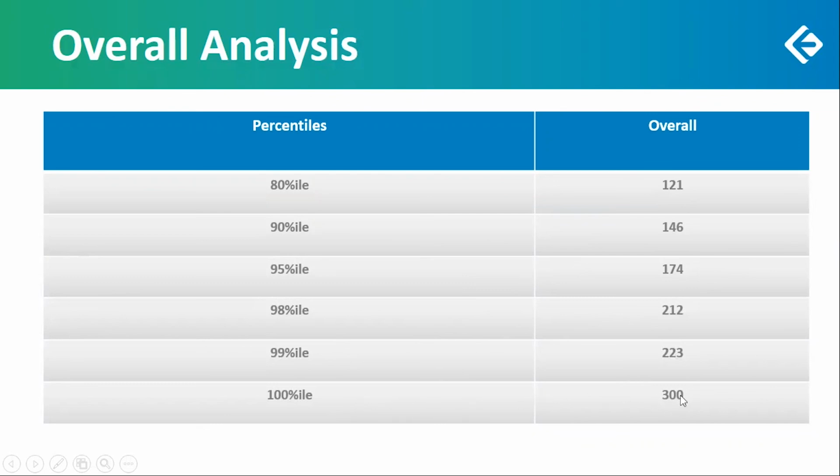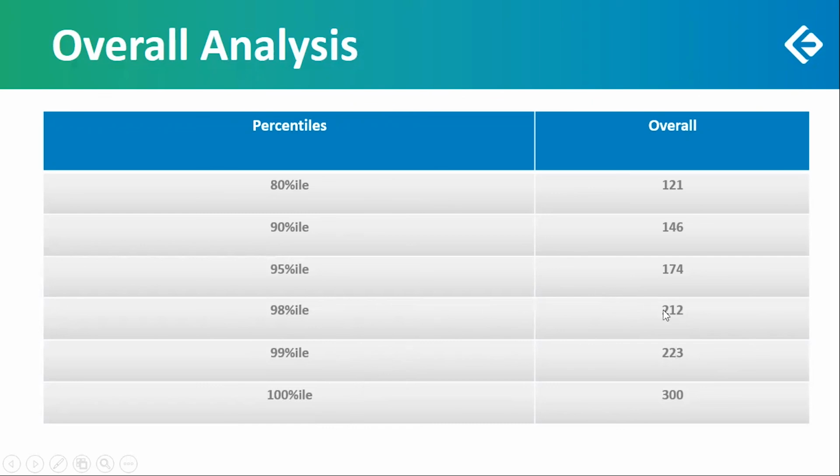So what this tells you is that the difficulty level of this particular paper was easy to moderate. If you are aiming at a good college, you should have achieved at least around 212. 98 percentile and above is considered a good score. 99 percentile and above is more than welcome, and is a good gateway to a good college.